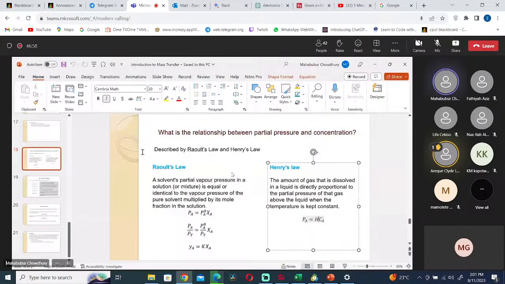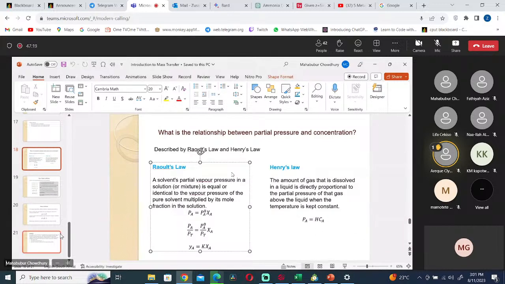So this is basically a gas constant coefficient. Henry's law states that the amount of gas that is dissolved in the liquid is directly proportional to the partial pressure of the gas above the liquid when the temperature is kept constant, right? So your PA equals H multiplied by CA, and this H is constant.